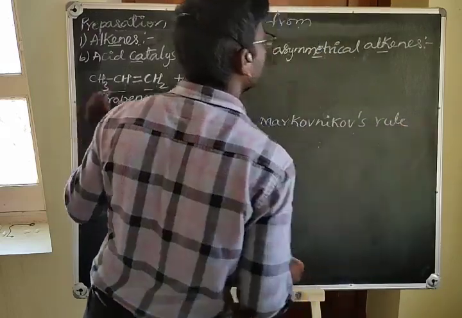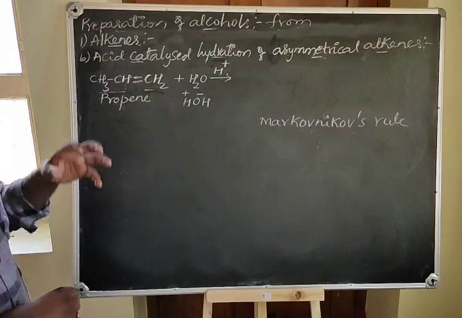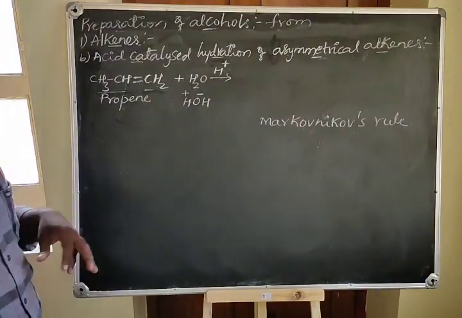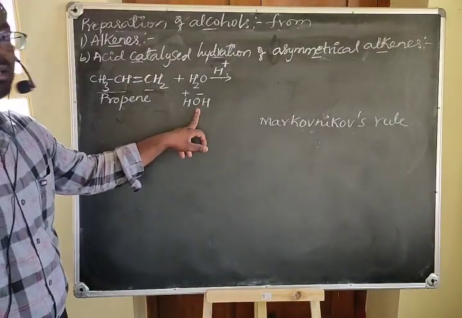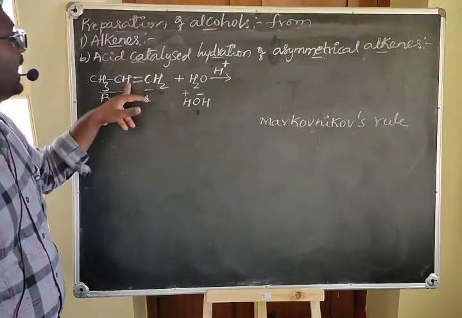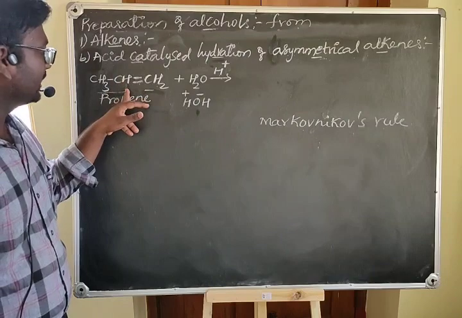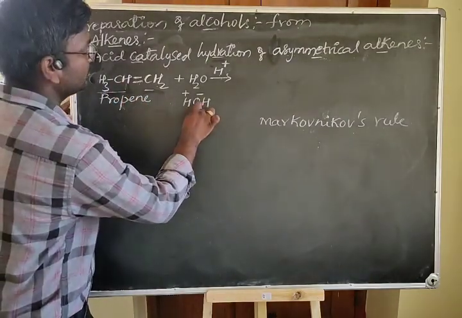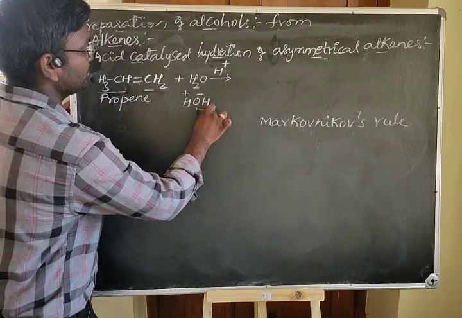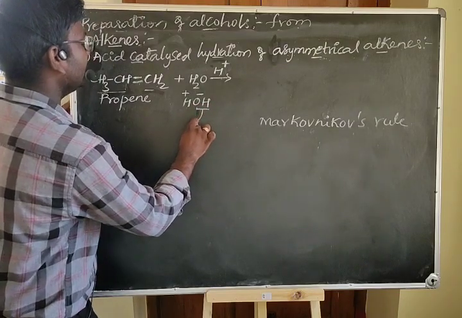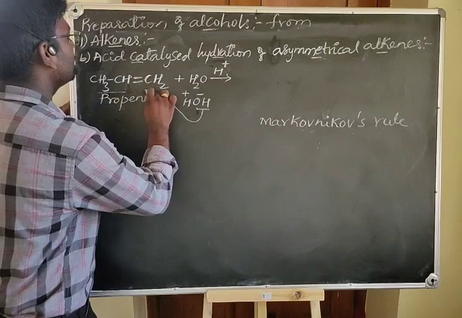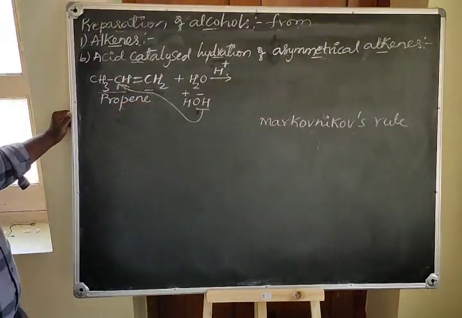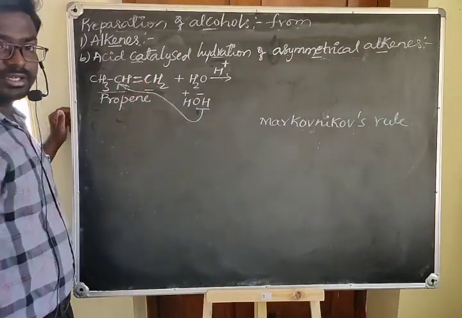Okay, so what is this rule? It states that during the addition of an unsymmetrical reagent to an unsymmetrical reactant, the negative part of the addendum, so what is the negative part here? OH minus. The negative part of the addendum gets attached to the doubly bonded carbon with fewer hydrogens. So these two are doubly bonded carbons.